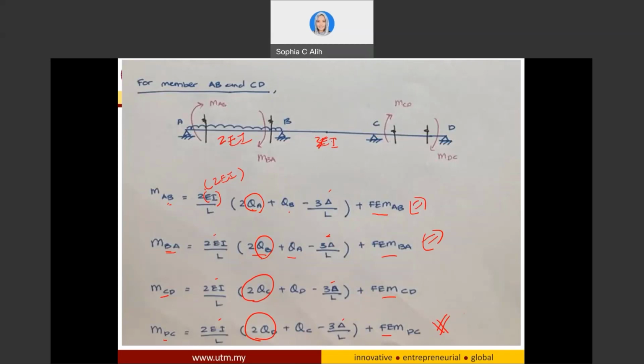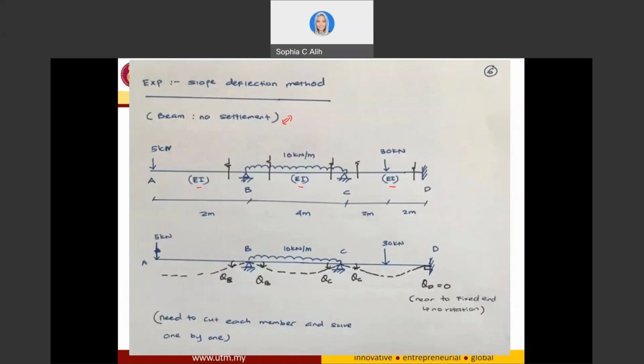If I have 3 EI for span C and D, the end moment equation will be 2 times 3 EI, instead of EI over here. So be very careful if it is not the same. But if it is the same, like in our equation here, it is a little bit straightforward for you.